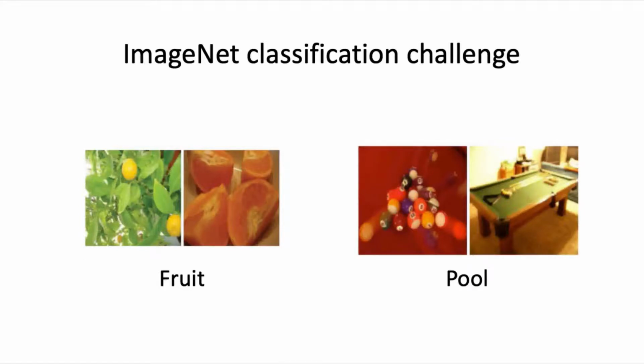Again, there's no obvious way to describe what visual features make both of these images belong to the category pool. So for a problem like image classification, where it's very difficult to explicitly define what features are relevant, the ability of deep learning models to automatically discover relevant features that we don't have to explicitly define offers huge advantages.